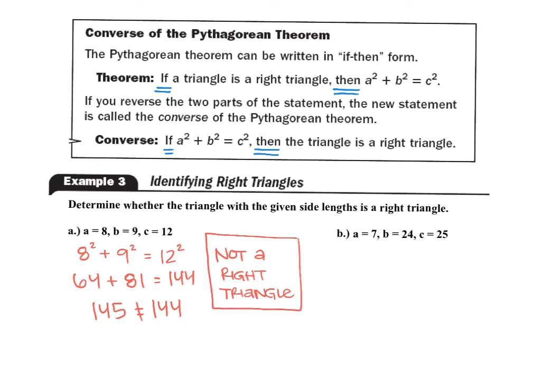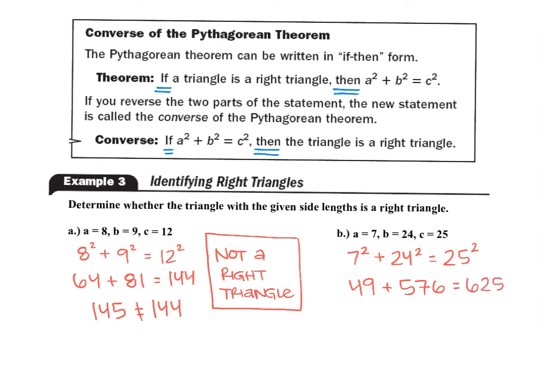All right, let's go on to the next one. In this problem, we'd have 7 squared plus 24 squared equals 25 squared. And again, we're checking to see, does this make a true statement? Well, 7 squared is 49. Then 24 squared is 576. 25 squared is 625.